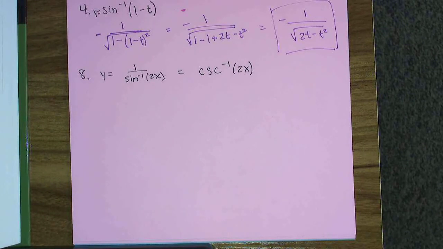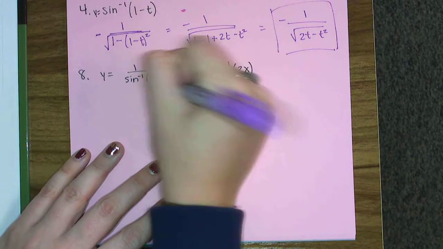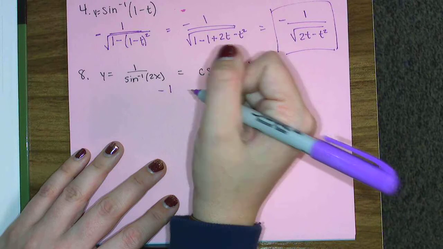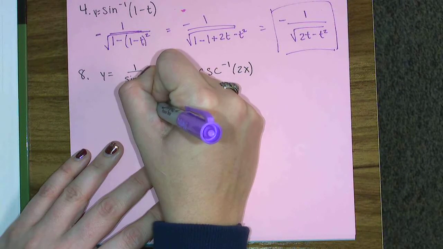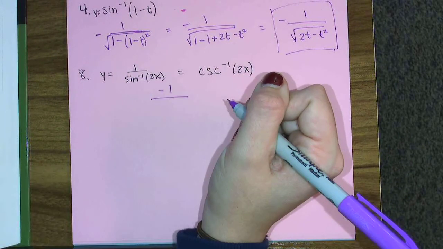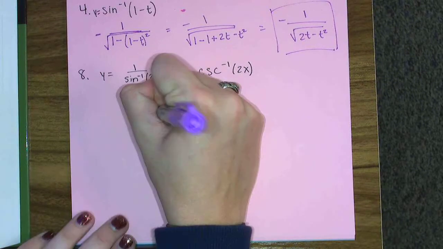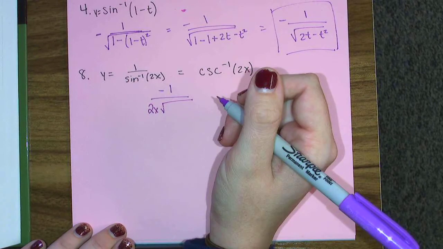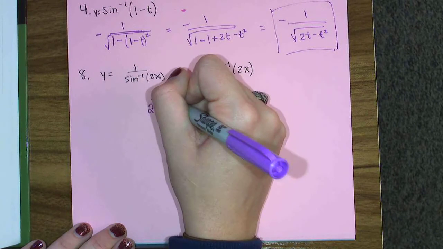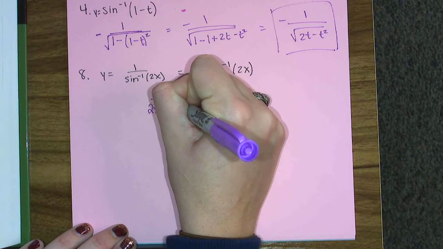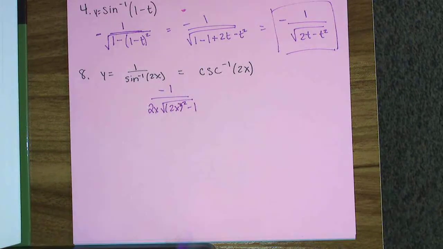So, alright. So then what would we have here based on that? Hold on a second. You said you had negative 1 over 2x times the square root of 2x squared minus 1? Okay. And what else?